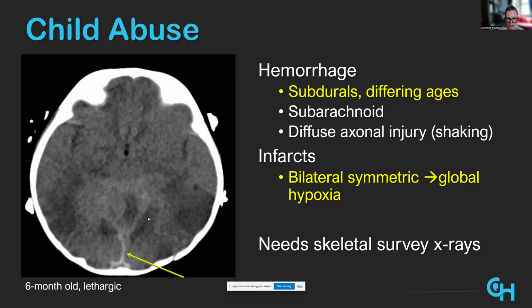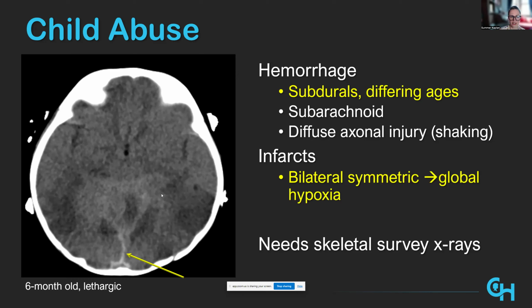It's important to look at the cortex and the white matter of the brain together, because infants are not fully myelinated. So we rely on that gray-white differentiation. Usually the cortex is a little bit brighter and the white matter, like most of the parenchyma, is a little darker. But in infants who are not yet fully myelinated, that gray-white can be harder to see.